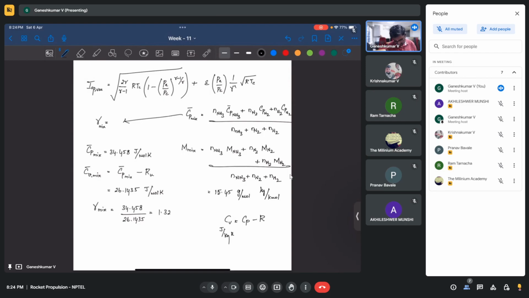What we found till now is in joules per mole Kelvin. So if it is in mole basis, everything will get multiplied by molecular weight. So if it's in mole basis, you can directly use the universal gas constant Ru.